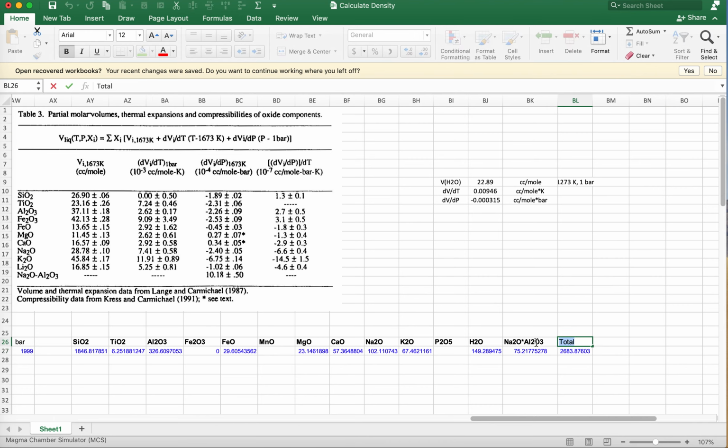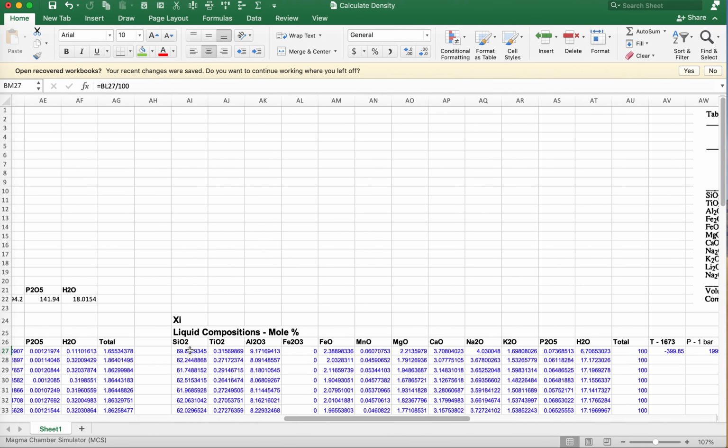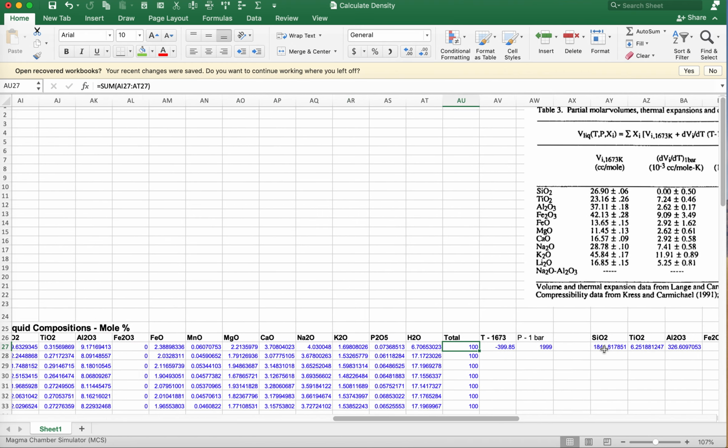We write it as total, but it's really the volume in cc per 100 moles, and what we really want is the volume in cc per mole, and so we just take that whole thing, divide it by 100. You don't have to do that correction if you have cation or mole fractions instead of mole percents. So if you have all of these summing to 1, then you don't have to make that correction.